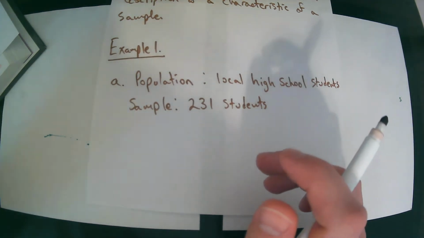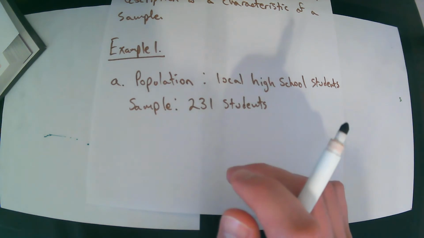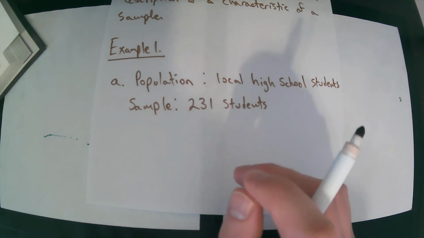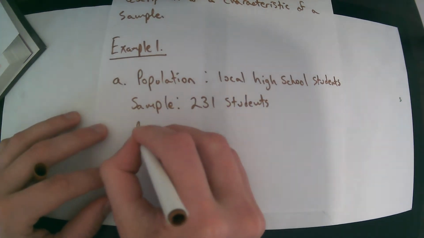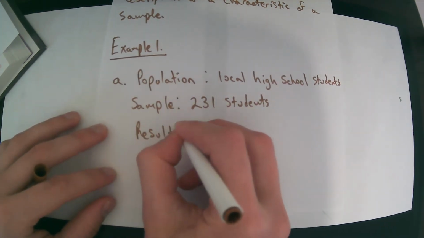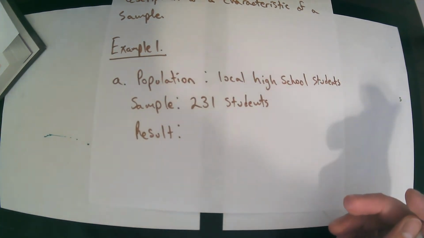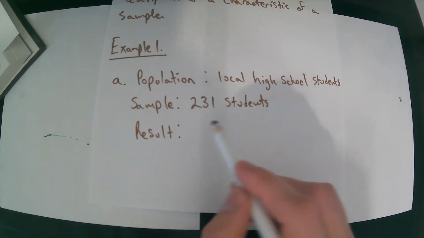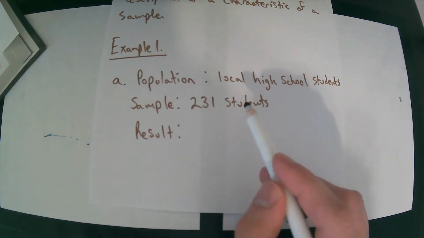Okay. And the results, what do they want? They want the results of the sample. Are they a sample statistic or a population parameter? Well, the result is a sample statistic because it only deals with the students who were surveyed, right?